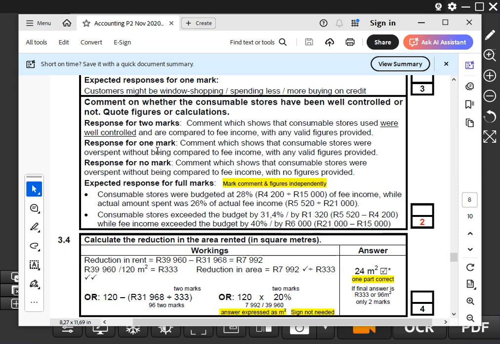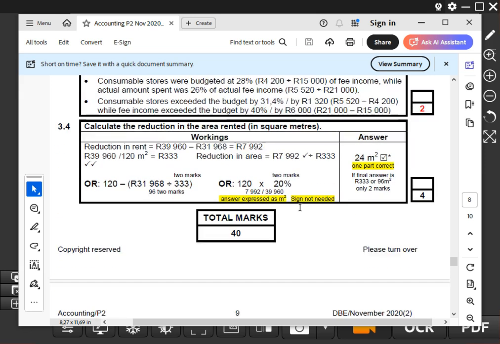With 1 mark you give figures. For no marks, you say exactly what you said for 1 mark, but you don't give figures. But for full marks, you say budgeted 28, was 26. Okay, I guess it's only 2 marks. My goodness, for all that calculation.